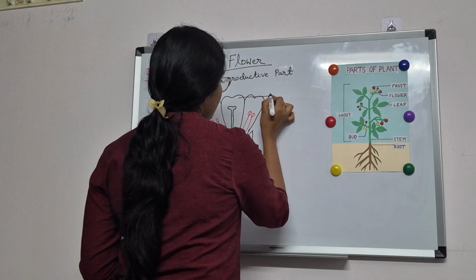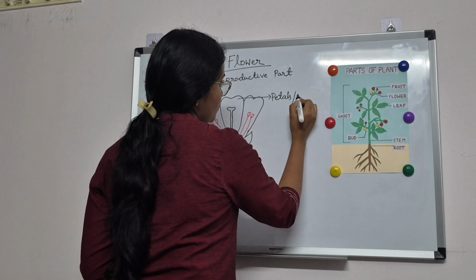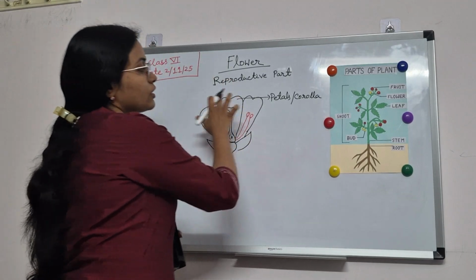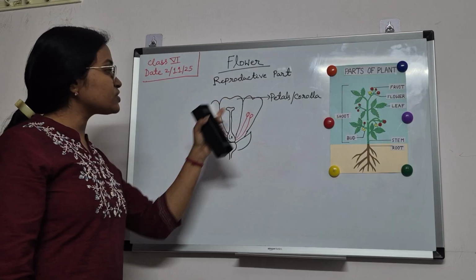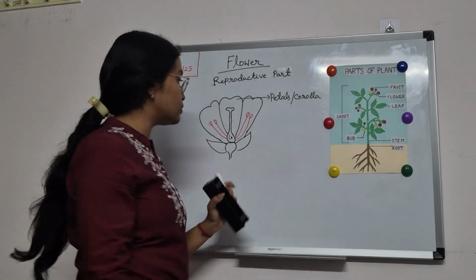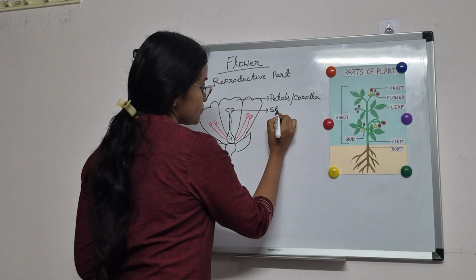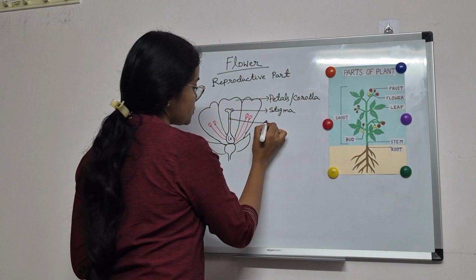This is called petals. It is called the petals or corolla. In this picture we can see 3 petals, and it is also called corolla. And this is the stigma. It is the style.